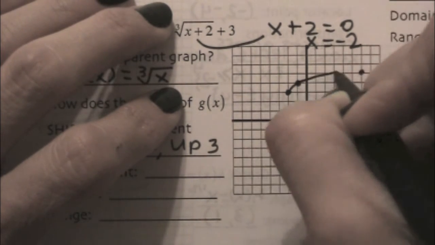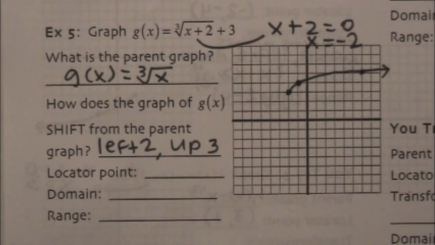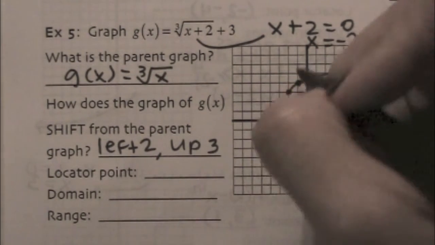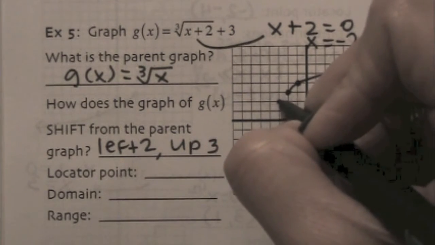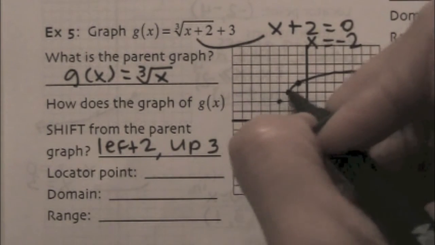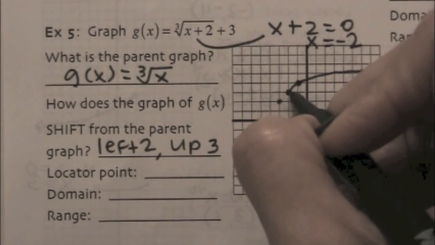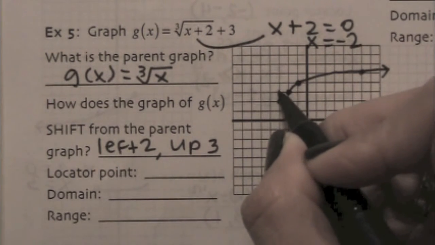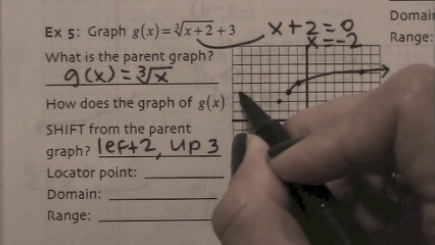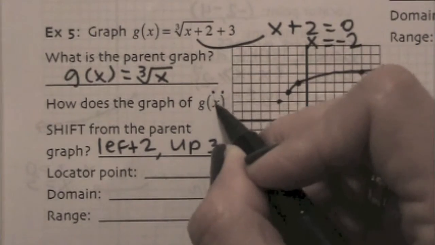So this is just to the right what the graph is doing. And it's going to do a similar pattern to the left, except you're going to go left 1, down 1. Then we're going to move from this locator point right here. We're going to go left 8: 2, 3, 4, 5, 6, 7, 8, down 2.